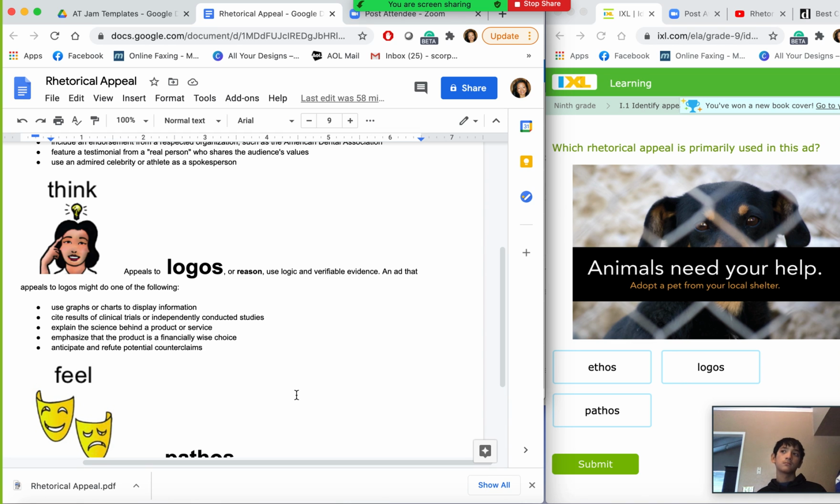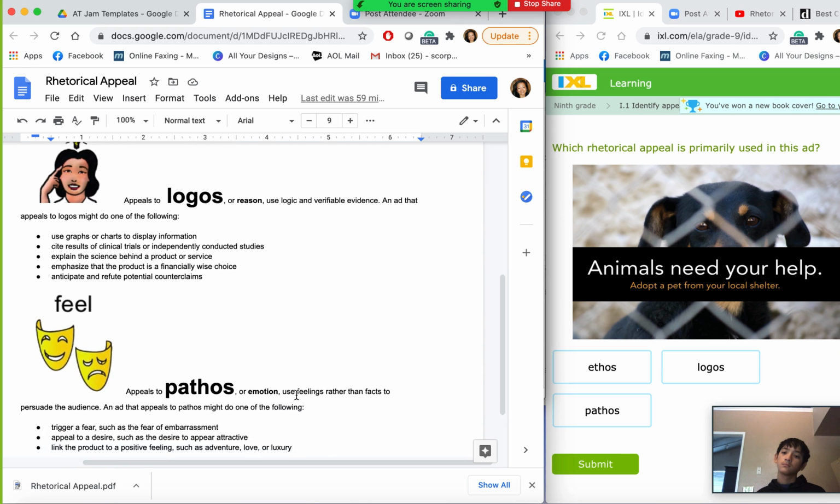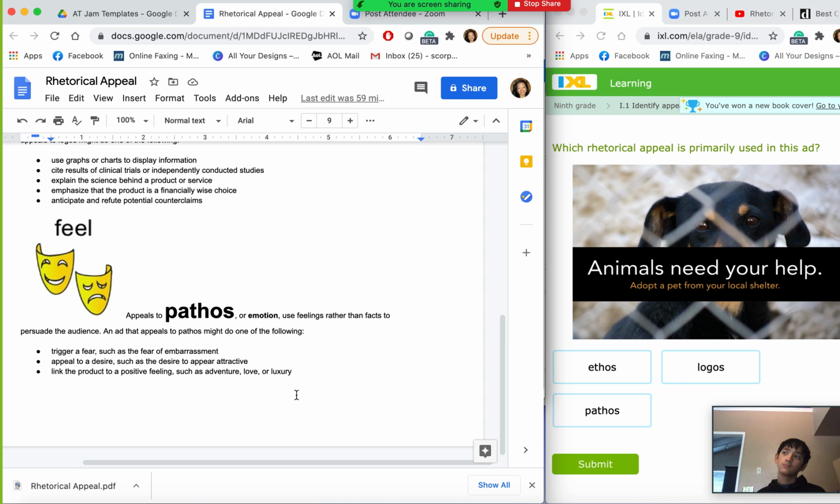Okay, so it'll usually use graphs or charts, cite results of clinical trials, explain the science, emphasize that the product is a financially wise choice, anticipate or refute potential counterclaims. So this is when we're using our logic and numbers and things like that. Okay, so we're going to use think, our core word think for that.